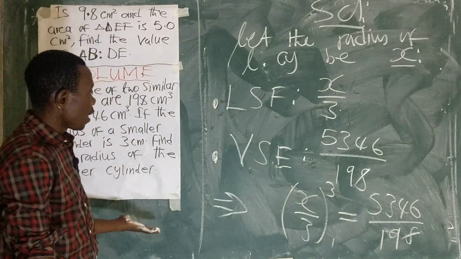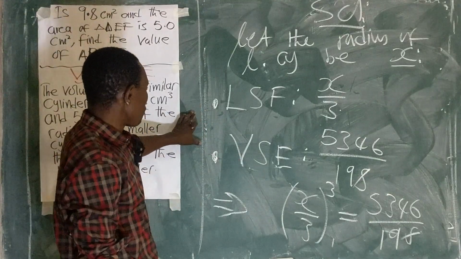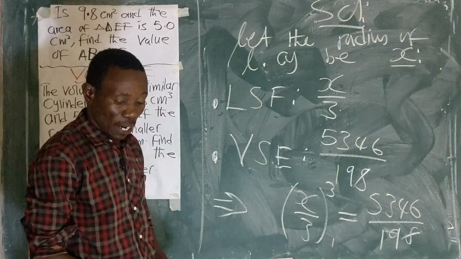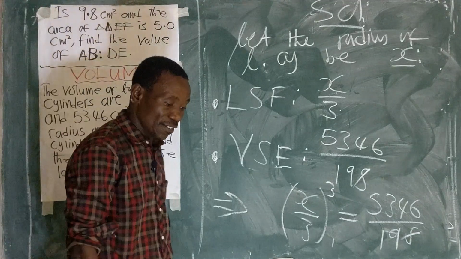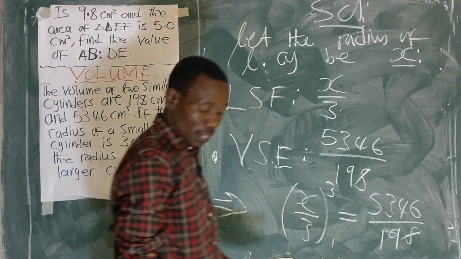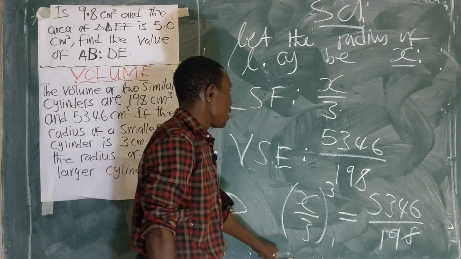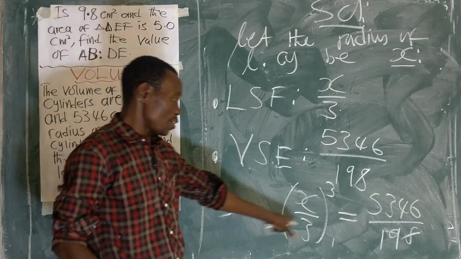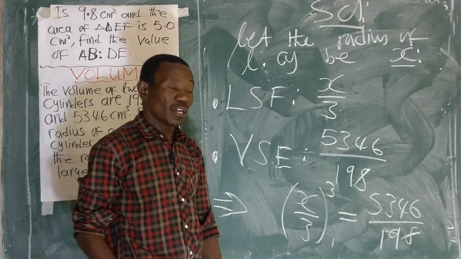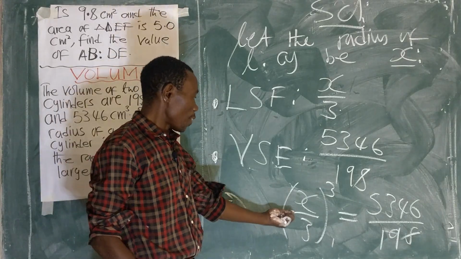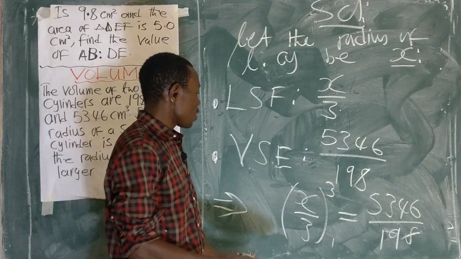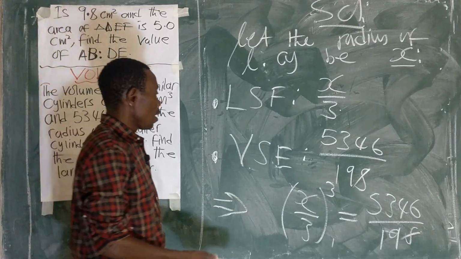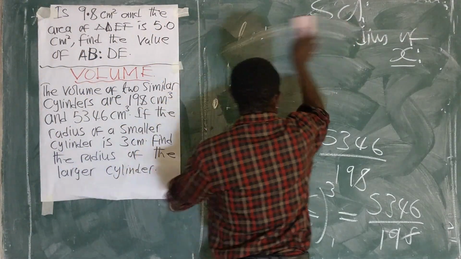So you can see how the comparison between the two ratios is used to find the value of the unknown, in this case the radius. Once this is done, we can proceed to work out the value of x from this equation. You just have to find the value of x. Let's do it together and see how we can isolate x, which is the radius in this case.